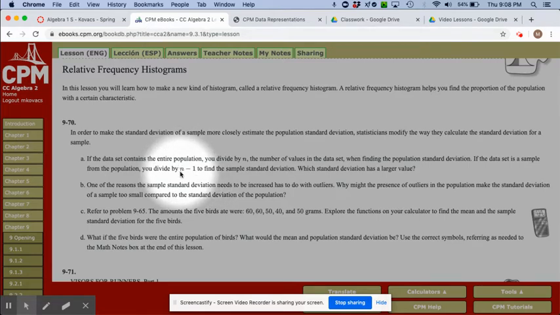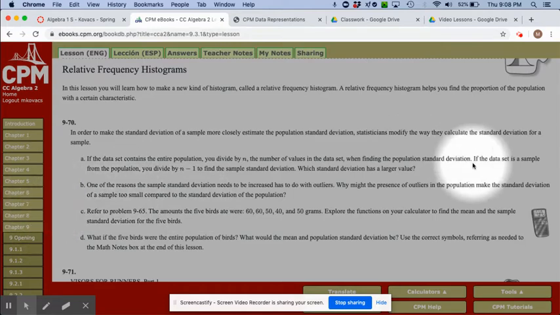So that means that if our data is a sample, then we divide by n minus 1 to make the standard deviation a little bit larger to account for the fact that there may be more deviation in the whole population.